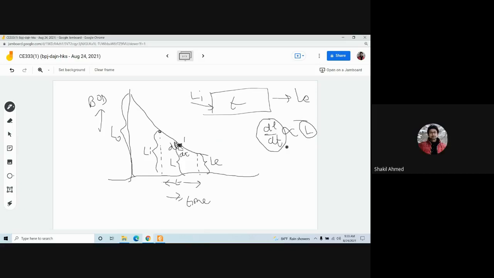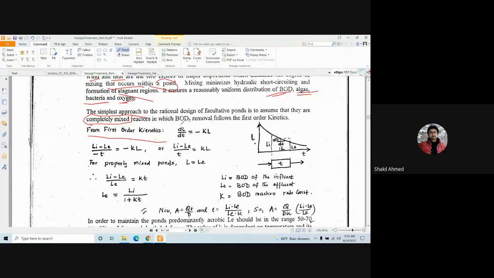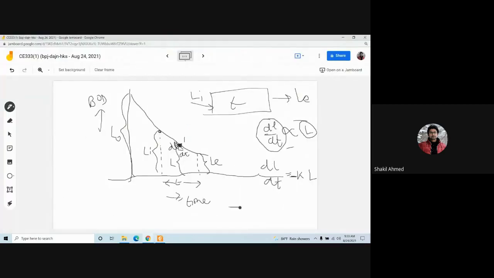Yes, sir. Now you can make it an equality, dL by dt equals, by introducing a constant k. And since with time L is reducing, you introduce a negative sign here. Okay. Now if you integrate this, dL equals minus k into L into dt.